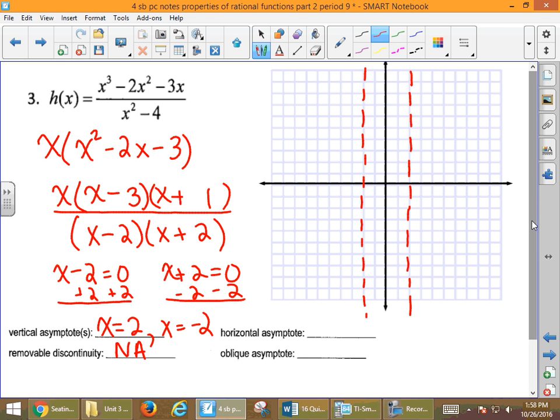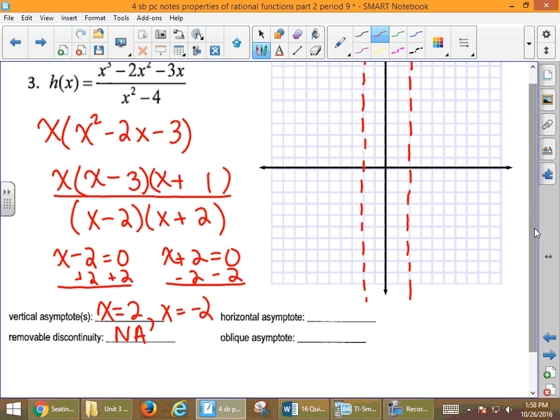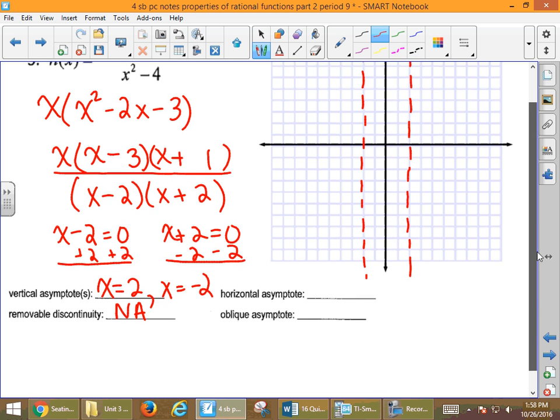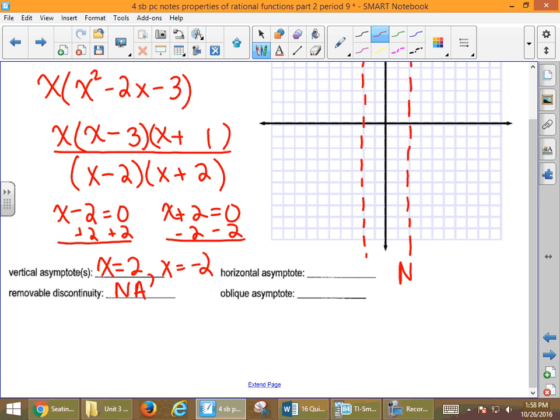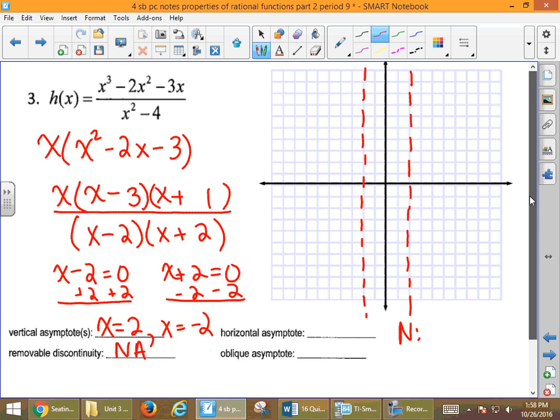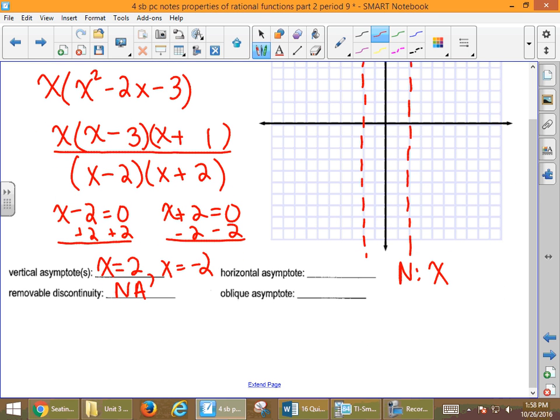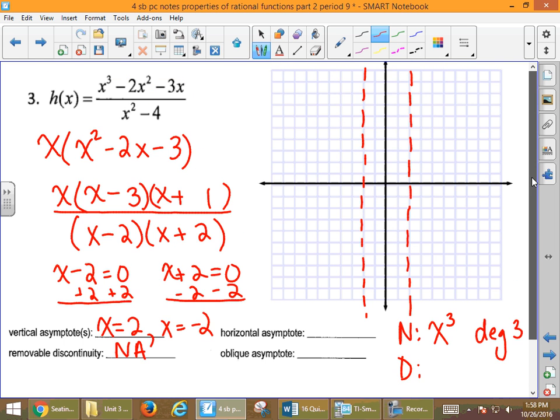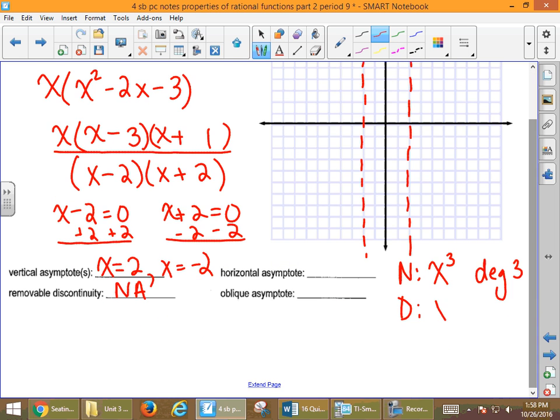And then we're going to have to go back and look here and see our degrees. We want to determine whether we have a horizontal or an oblique asymptote. In the numerator, our highest degree term is x cubed, so that means degree 3. In our denominator, our highest degree term is x squared, which means degree 2.